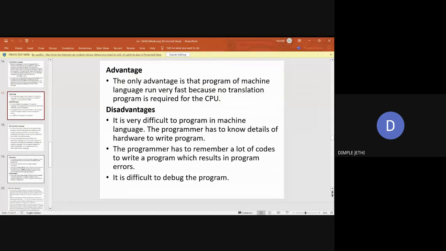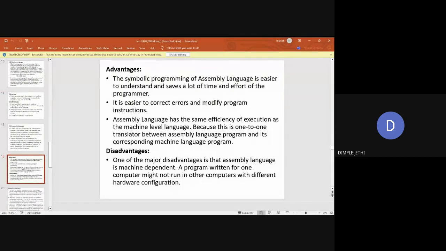So these two languages come under low level languages, machine and assembly, which were in the first generation of computers. Okay, but again, if you have written a program in assembly language for one computer, it cannot be run on any other computer, because every computer has its own machine language, and every computer has its own assembly language also, because assembly language is dependent on machine language.